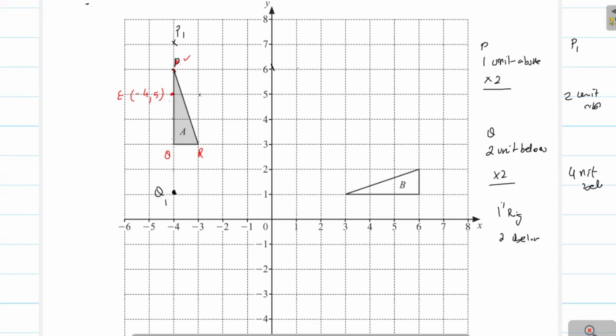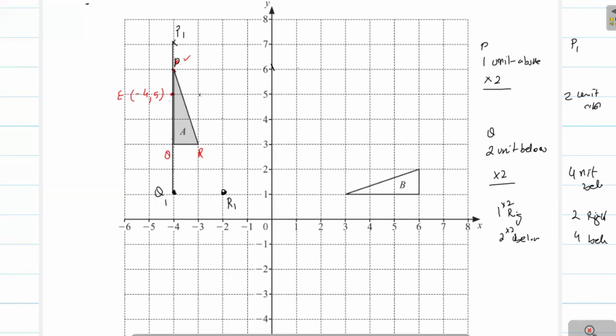Therefore, we multiply by 2, and we get 2 unit right and 4 unit below. Therefore, we mark the position 1, 2, and 4 unit below, 1, 2, 3, and 4. This position is the image of R. This is R1. Now we join all these points P1, Q1, and R1.